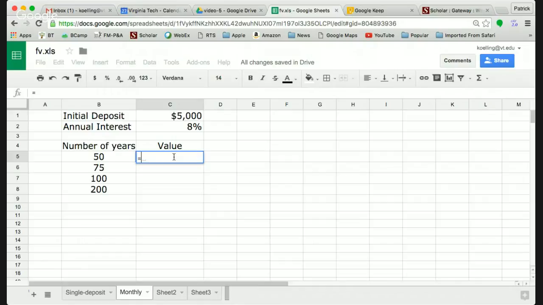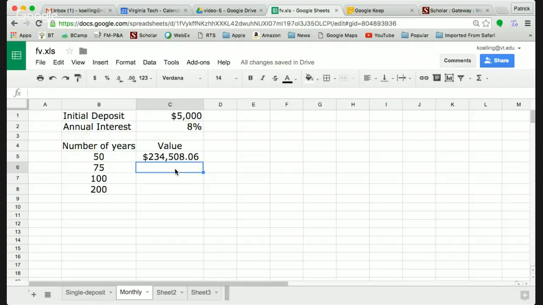Again, pretty straightforward, I believe. 5,000 times 1 plus 8% taken to the power of 50. Wow. $5,000 is almost $250,000 in 50 years.